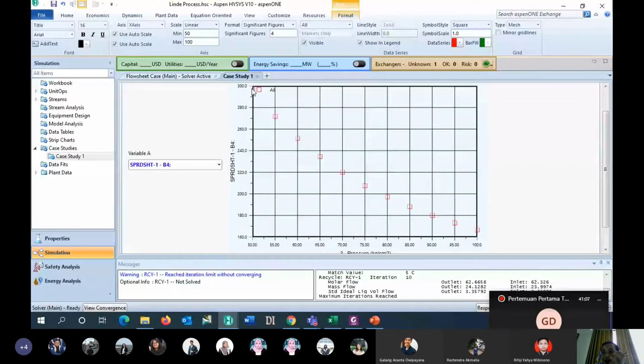How do we know? By doing this kind of sensitivity study. If I change the outlet pressure of the compressor, I will have a lower value of specific power.